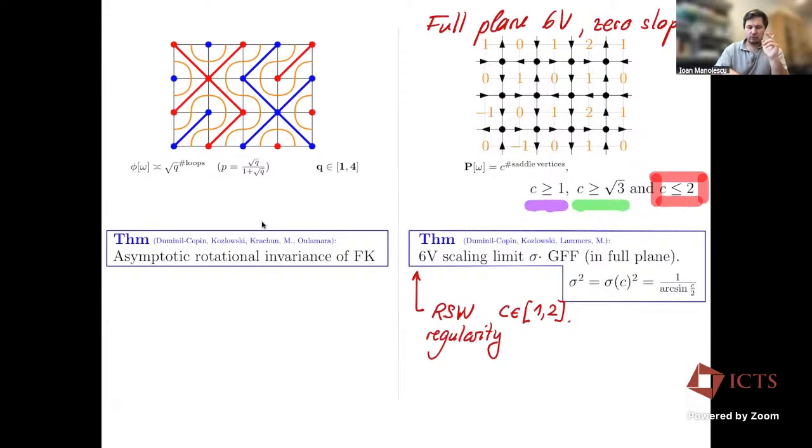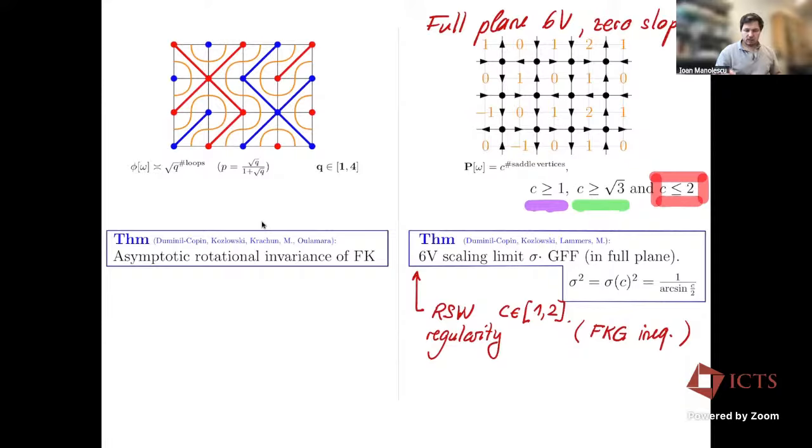So you have similar qualitative statements, and these ones require C larger than 1, and this is because, in certain representations, this is where you get the FKG inequality. So here, you can either work with heights and look at representations in terms of heights, or more like FK-type representations, like the one developed by Piet Lammers and Sasha Glazman, and which we're using in the paper.